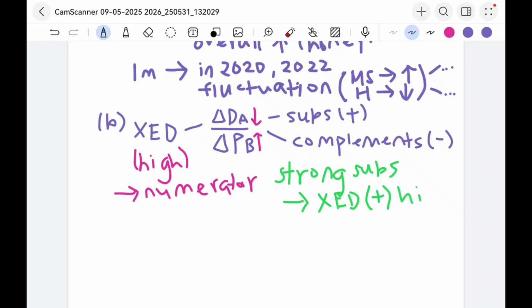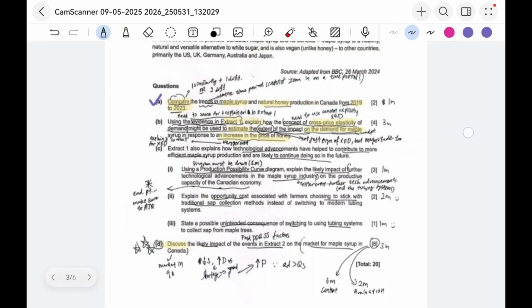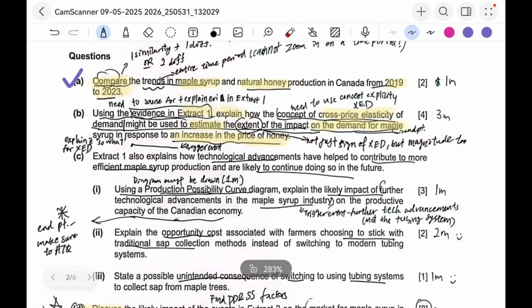Because when this is positive and high, you know that the impact to the numerator is going to be high, which means that when the price of your honey increases, the increase in demand of your maple syrup is going to be high also, because of the high XED value. So this is how you answer part B, because we have already explained how XED can estimate the extent.